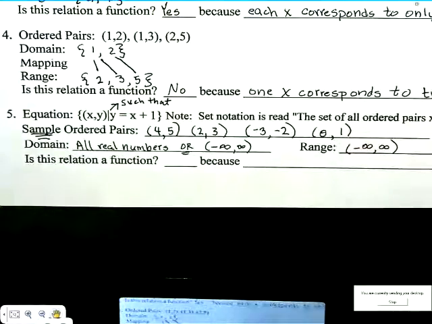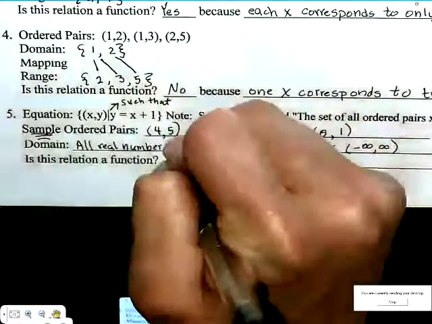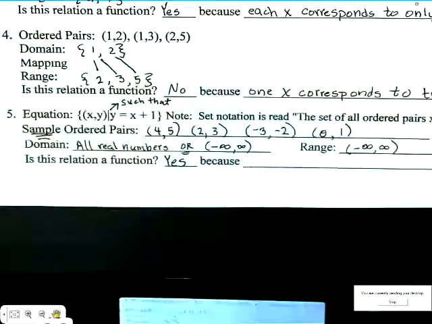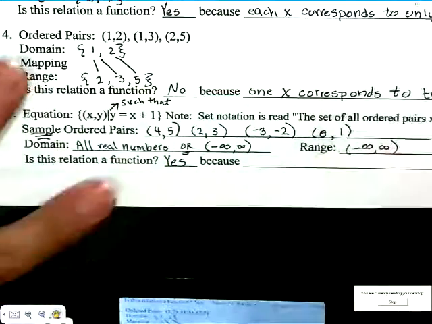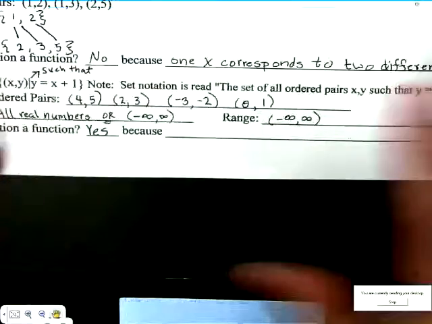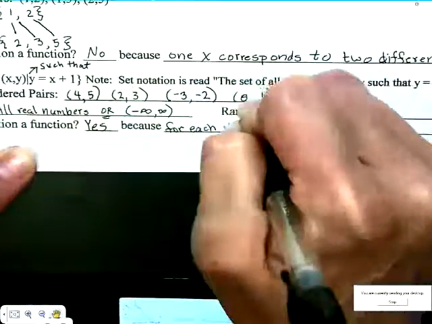Is this relation a function? Yeah. No matter what I punch on the calculator first, if I punch a number and then plus 1 equals, there's only one right answer. So that is a function because for each x, there is only one y.